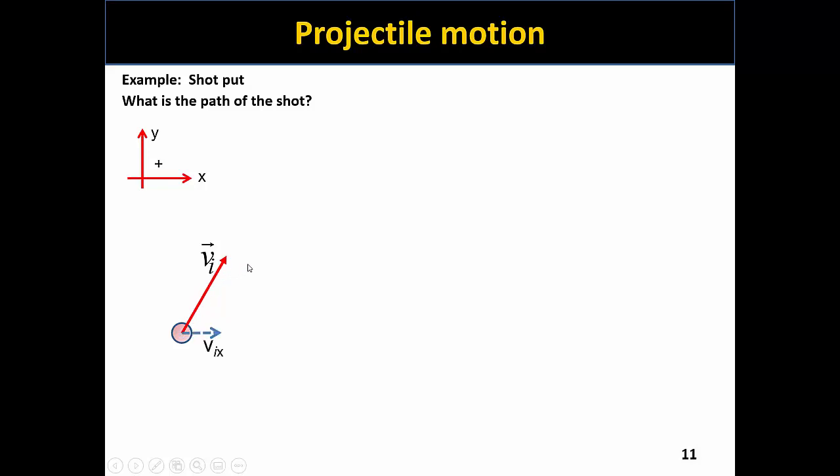Now we can take this initial velocity vector and decompose it into both horizontal and vertical components.